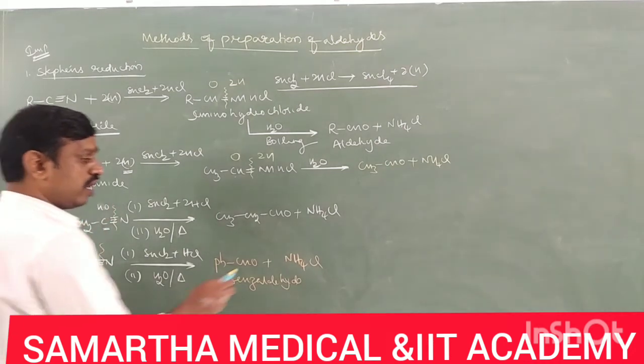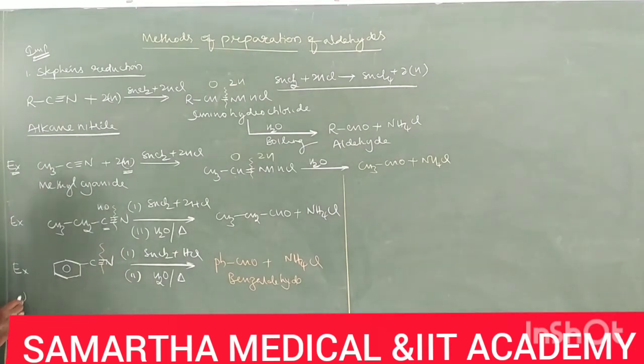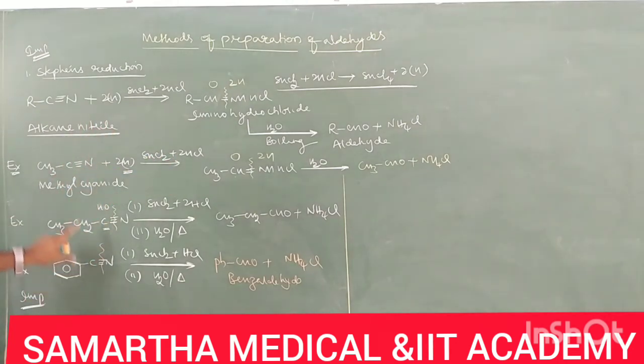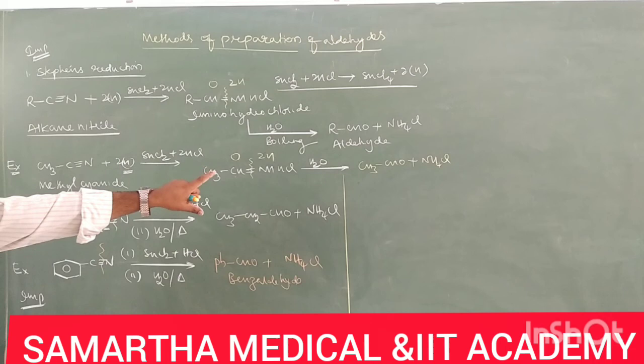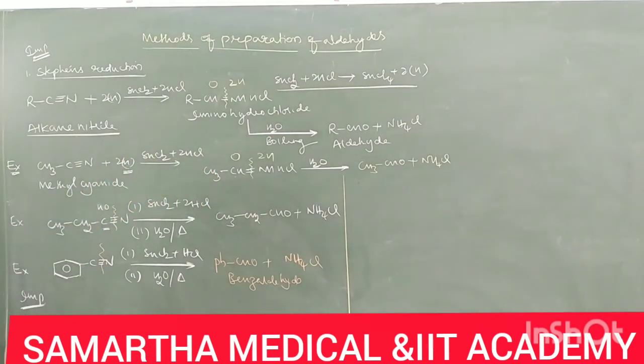But one important note. This is important for NEET and JEE exams. Now here we have written 3 examples. In these 3 examples, SnCl2 and hydrochloric acid convert cyanides directly to imino hydrochloride, then followed by hydrolysis gives aldehyde. The same reaction can also be possible by using DIBAL-H.